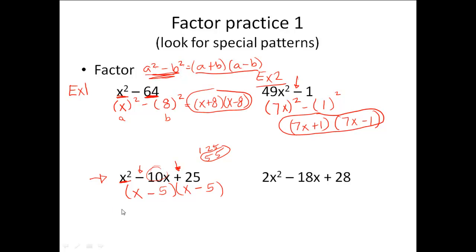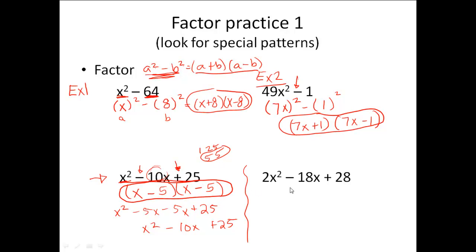Now when I FOIL this out to check it, I'm going to have x squared minus 5x minus 5x plus 25, and that would give me x squared minus 10x plus 25. Compare that to what I started with, and it matches identically, so we've got it factored on our first try.